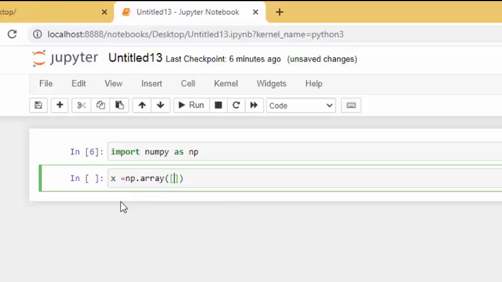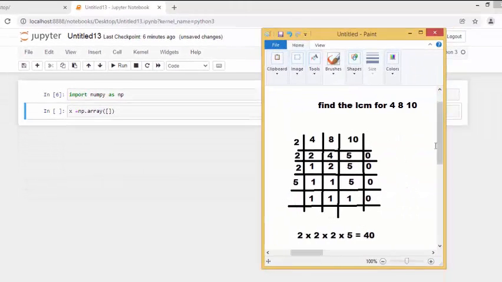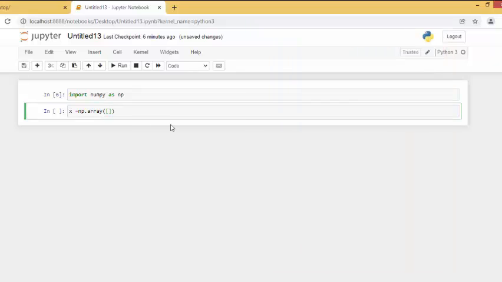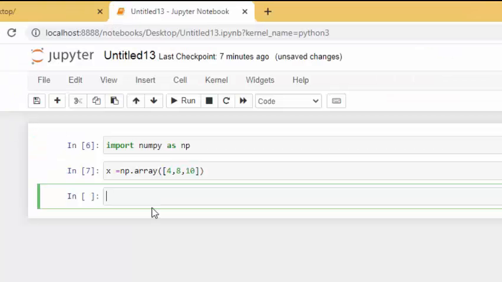You put in your elements for LCM, as we said, which are 4, 8, and 10. You put them inside here, straightforward. When you run, it will take you to the next cell, meaning that no error occurred.